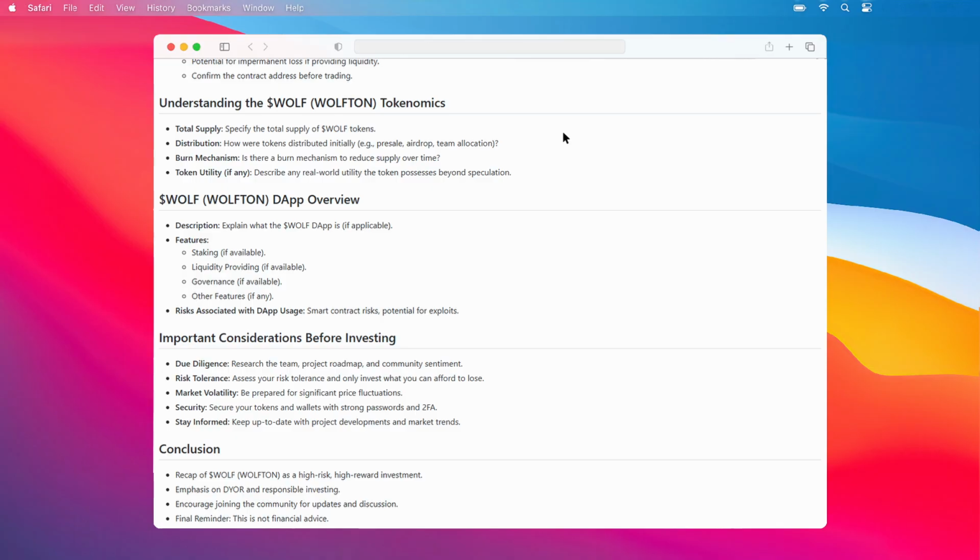We'll also cover any other notable functionalities it may offer. Finally, it's crucial to be aware of the risks involved when interacting with any DApp, including potential vulnerabilities in the smart contracts that could be exploited.